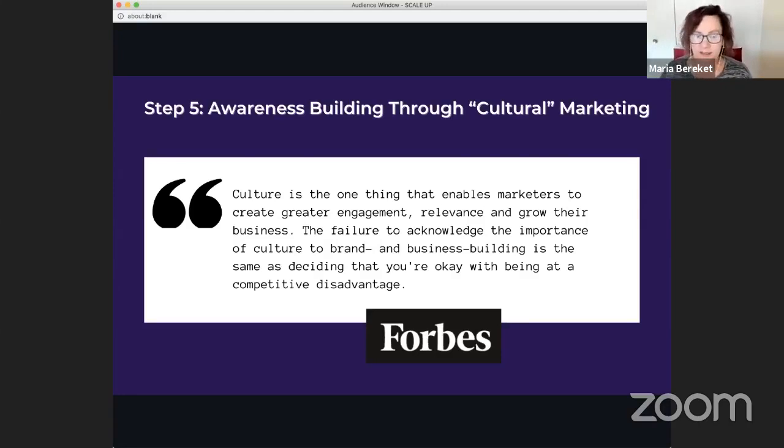One of the easiest things for me as a digital marketer to think about is step number 5, which is awareness building through cultural marketing. And I think we don't really think about this in detail. So Forbes magazine, what they're saying here is that to get greater engagement and grow your business and your courses, you have to understand the culture you're entering into.